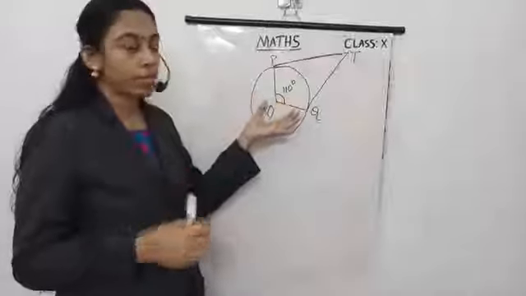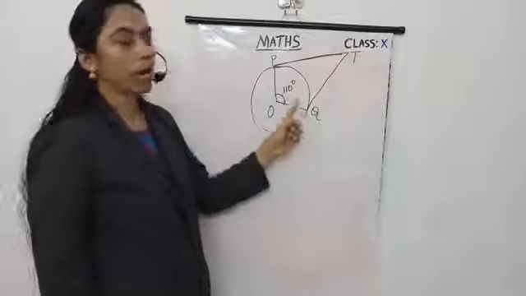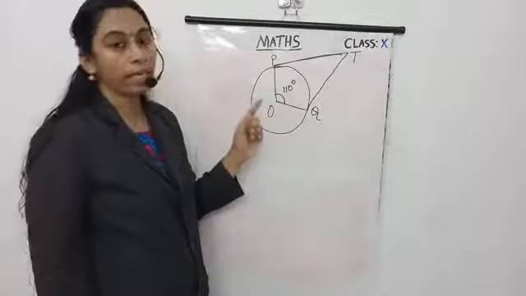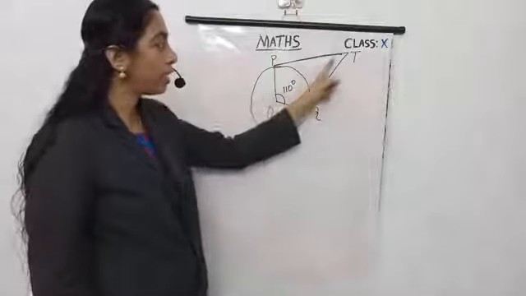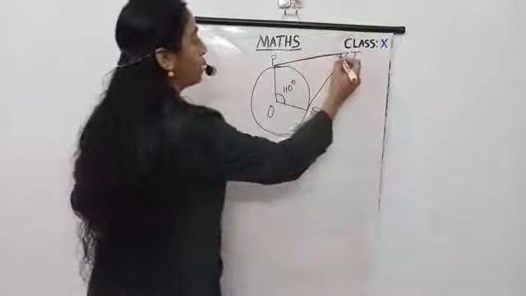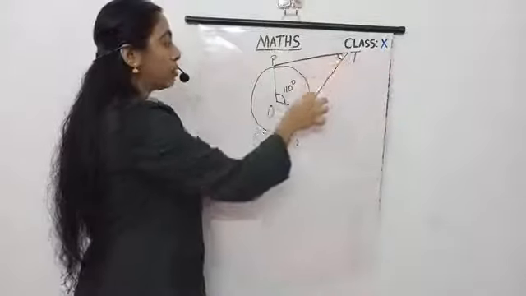So this is the figure given. O is the center, PT and TQ are tangents of this circle and this angle is 110 degrees. We need to find this angle PTQ.